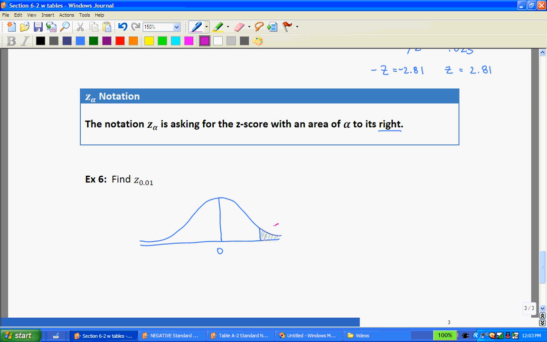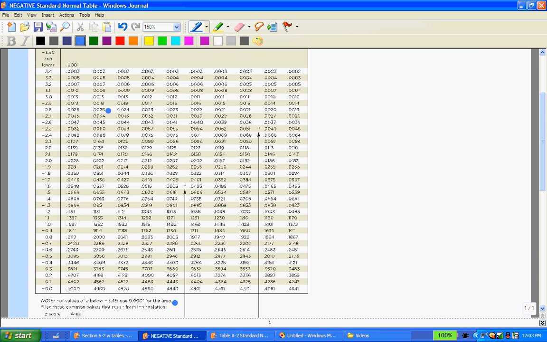So what I know is that this area is equal to 0.01, and I'm looking for the z-score that's going to give me that. So again, remember our tables tell us areas to the right, but because the curve is symmetric, I can just look up the negative values. So I'm going to look on my negative chart, and I'm going to try to find something as close to 0.01 as possible.